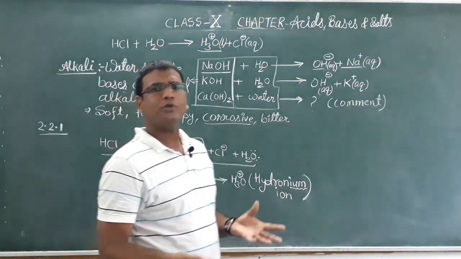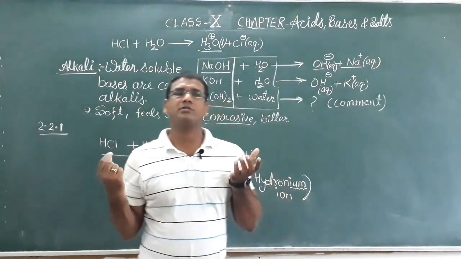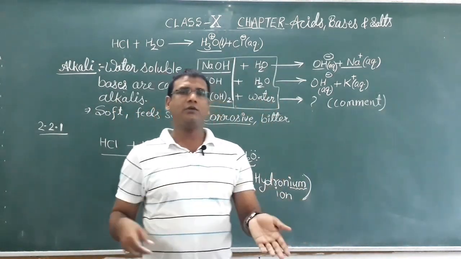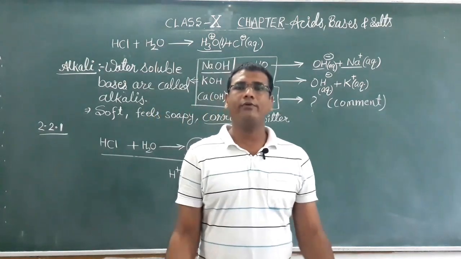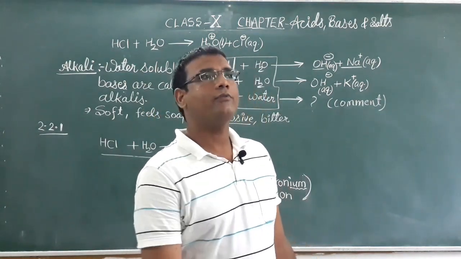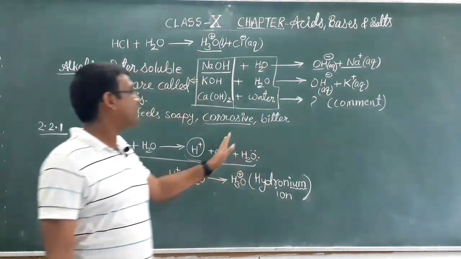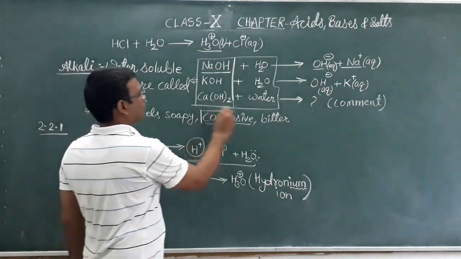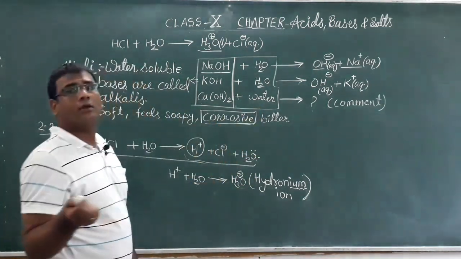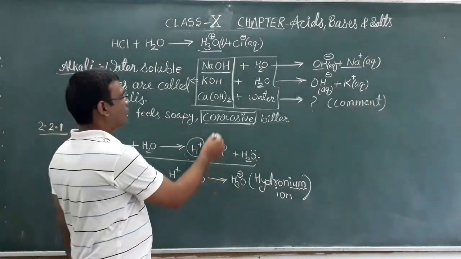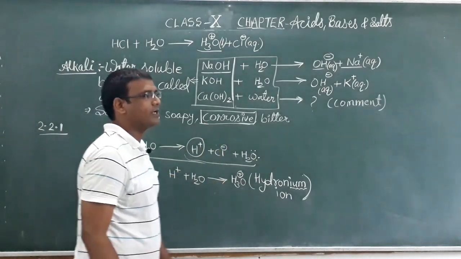Simply, corrosive means these are dangerous, hazardous for our skin, our clothes, or whatever we are wearing. While we are handling acids and bases, bases are also corrosive and so are acids. Corrosive means harmful for us.